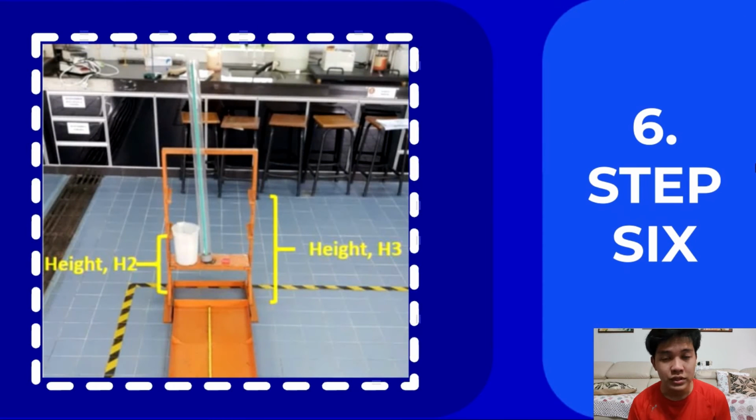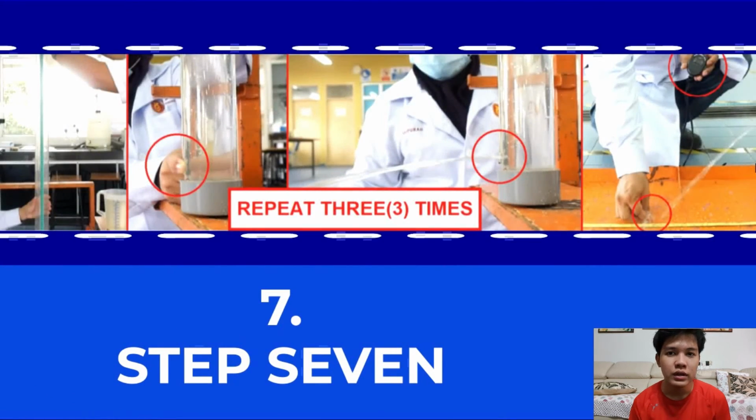Step 6 is to repeat the procedure by using a different volume of water and at the different heights, which are H2 and H3. The last step, step 7, is to remember to repeat the experiment 3 times in order to obtain the average reading. So that's all from me, and now I will pass to my group mate.